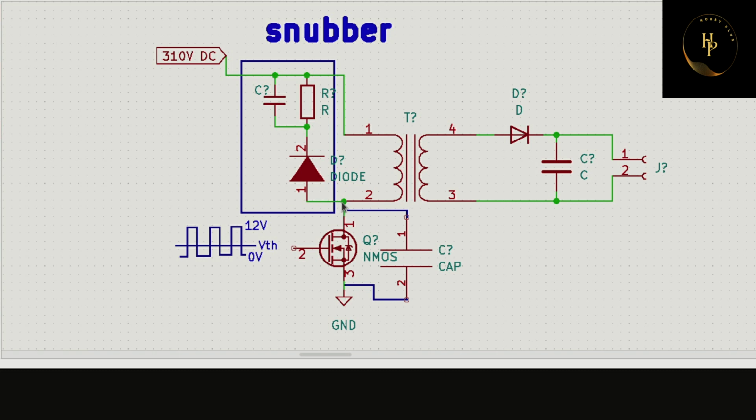Suppose it is 620 volt DC and this is your 310 volt, that means the voltage goes through this path and through the resistance back to the main supply. Why? Because that is 620 volt and that is 310 volt. So voltage can go this way.